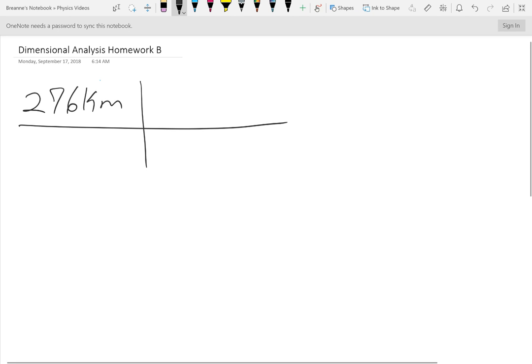We look in our handy dandy chicken duck. Yep, hopefully you find it. There is a conversion from kilometers to miles. For 1 kilometer, there's 0.621 miles. We have a kilometer on top and a kilometer on bottom, so they cancel. All you have to do is multiply across the top, multiply across the bottom.